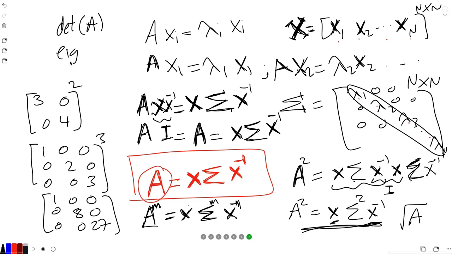If you put eig of A, it will give you the eigenvalues and also the eigenvectors. So try yourself: invent a 2 by 2 matrix and solve it by hand to find the eigenvalues and the eigenvectors, and then try it with the computer to see if it is correct or not. Okay, thank you very much, and see you in the next session.